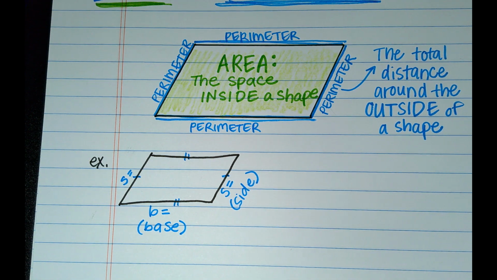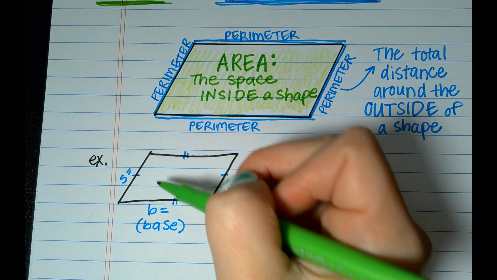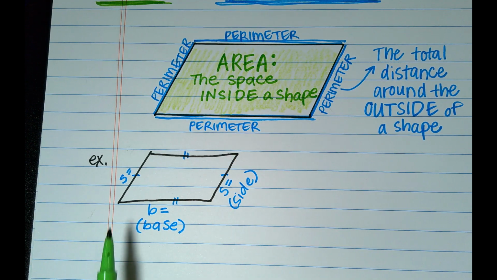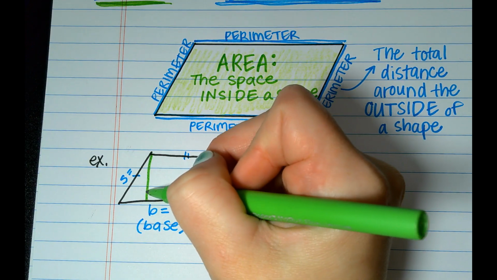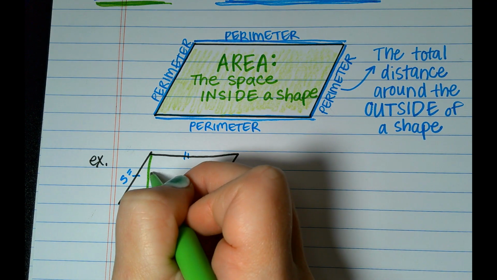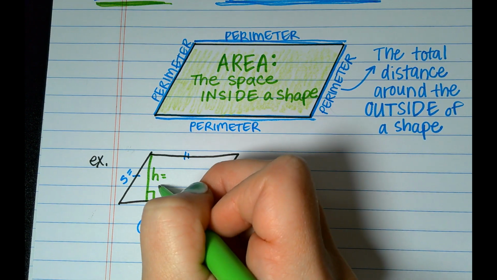And in a parallelogram, we also have a height, which is from the base going straight up at a 90-degree angle to the top. So this is H for height.